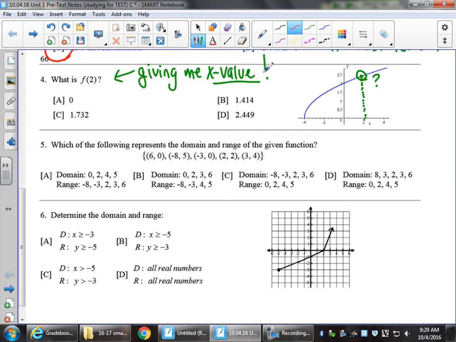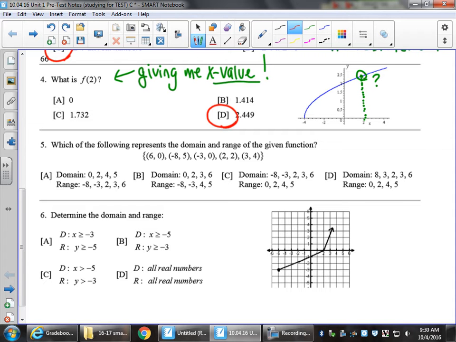Where is that? I would agree with you. I think D is the most reasonable answer choice, because anything under 2 doesn't visibly look big enough. Nice job.